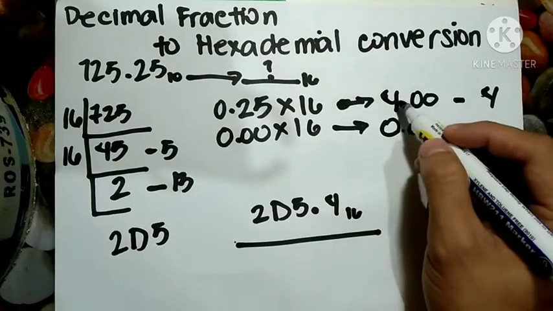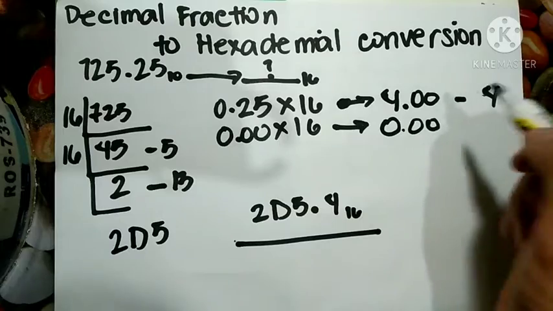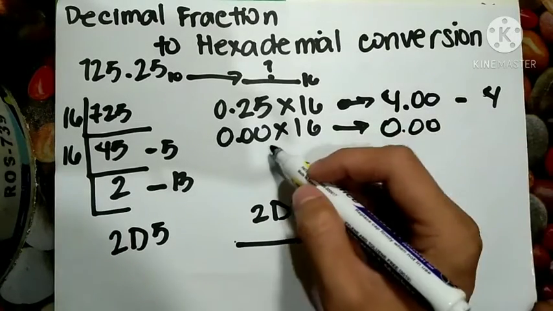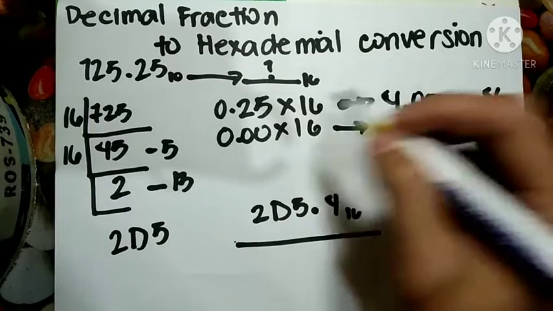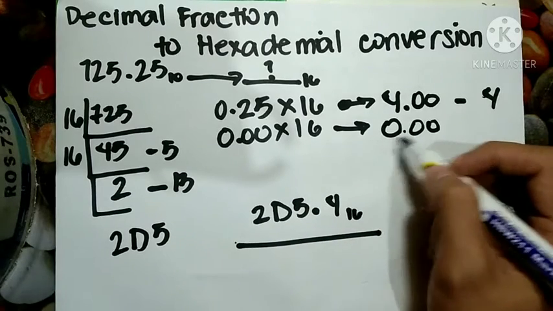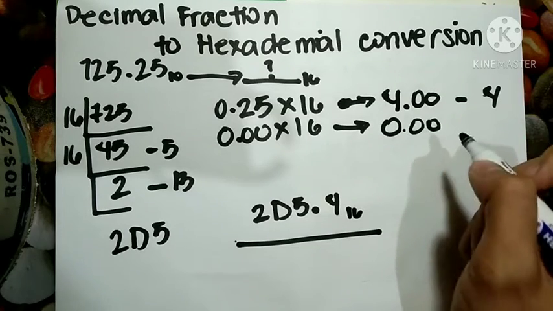Then separate the integer number from the decimal or the fraction. Then we got 4, and we multiply the decimal number or the fraction number by 16. Our answer is 0. Here we need to stop because we already got the 0.